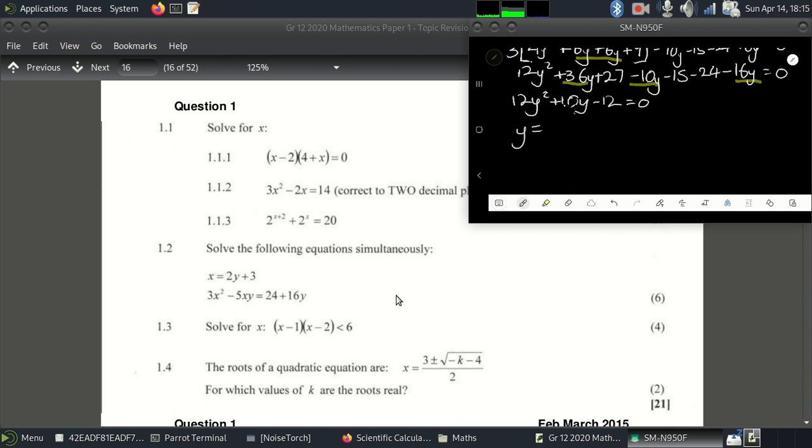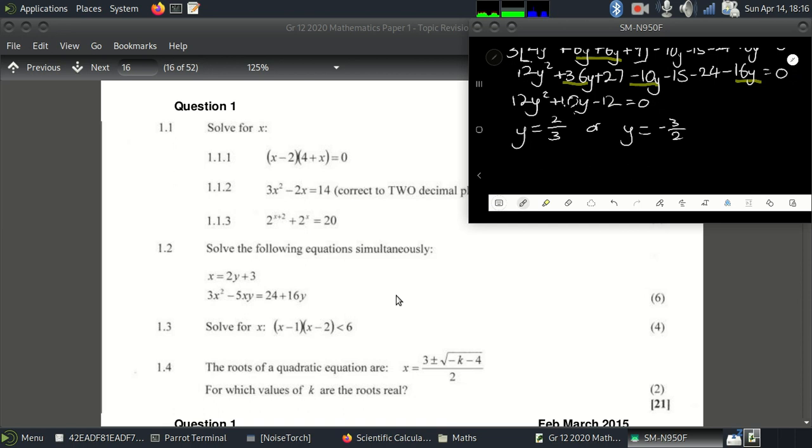Okay, and we get 2/3. Or y will give you another value, so we'll try it with a minus. This would be negative 3/2. Okay, this is what you get for the value of y.